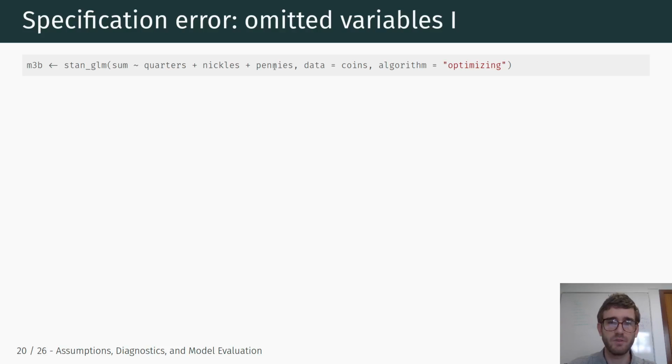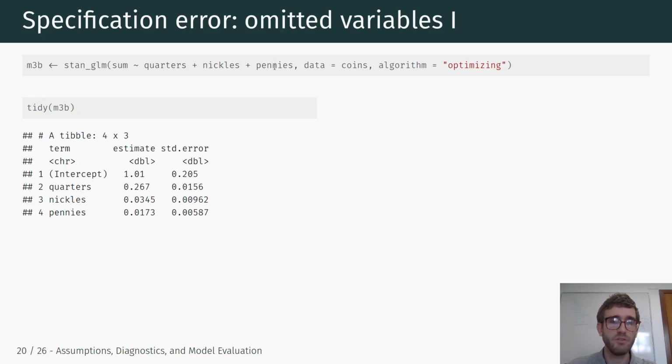If we do this, and if we look at those coefficients, it turns out that we still actually get the correct unbiased results for the remaining coefficients. So quarters are still worth about 25 cents. Nickels about 5 cents, at least within 2 standard deviations, and pennies around 1 cent, as we would expect.